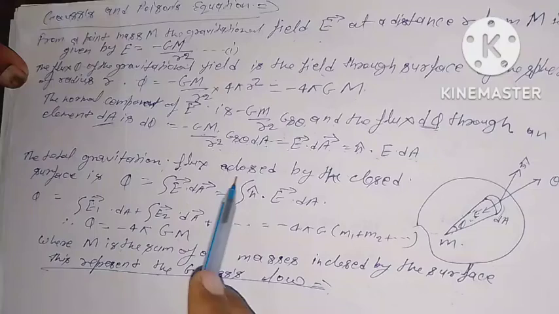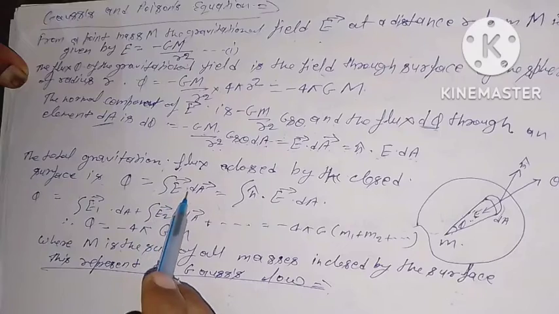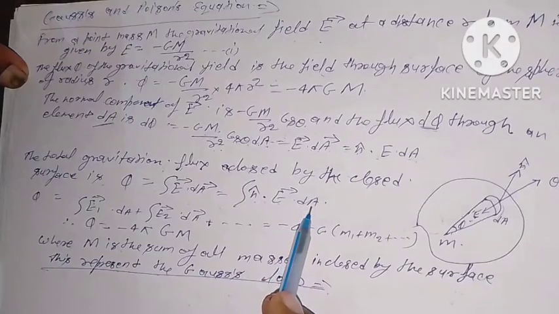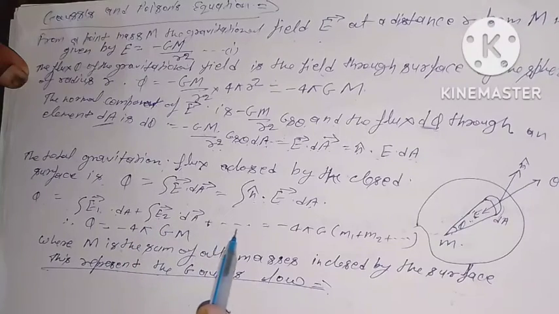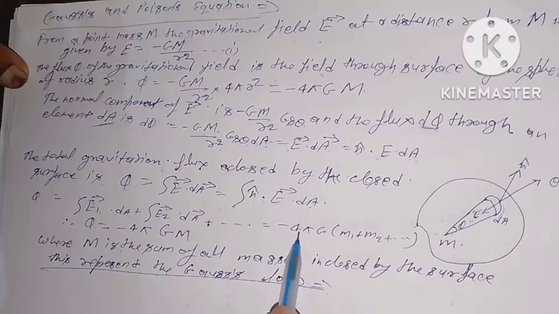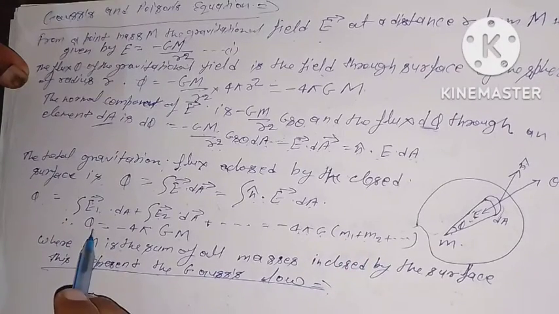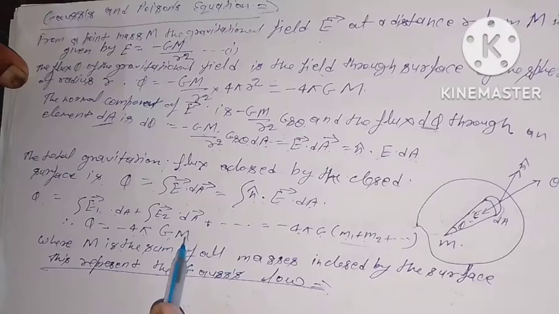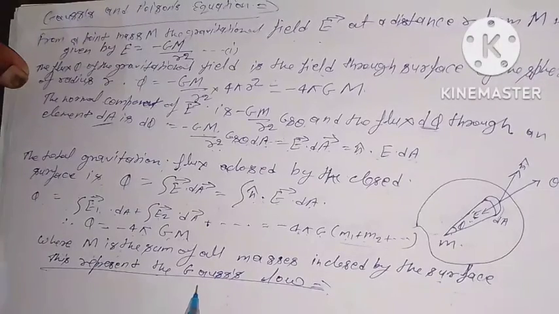The total gravitational flux enclosed by the closed surface is phi equal to the integration of E dot dA, so the integration of N dot E dA, and phi equal to the integration of E1 dA plus the integration of E2 dA plus and so on. So it is minus 4 pi capital G times M1 plus M2 plus and so on. So phi equal to minus 4 pi G capital M, where capital M is the sum of all masses enclosed by the surface. This represents the Gauss law.